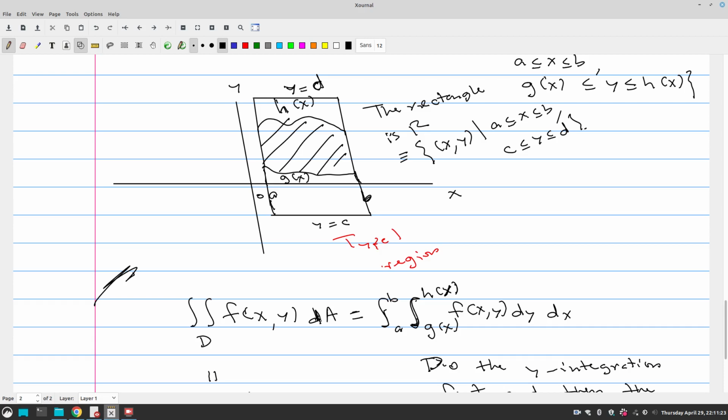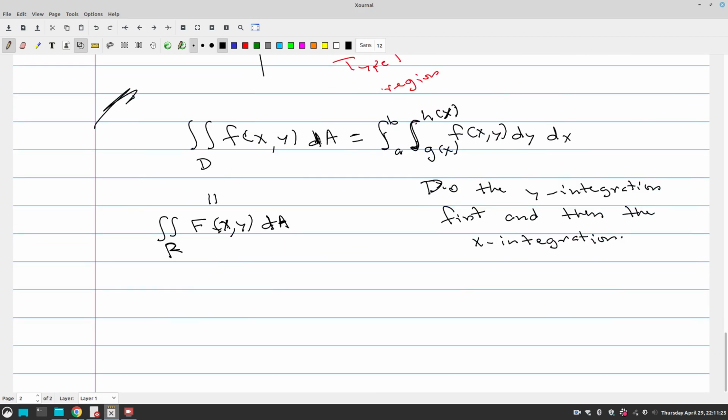So let's see what we can do with this. This can of course be written as the integral from a to b, c to d of F(x, y). The c to d is integration over y, and this is integration over x.